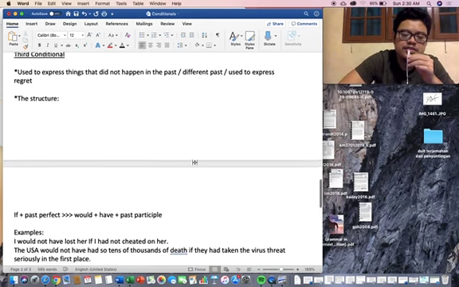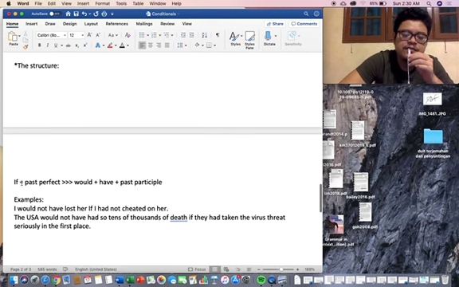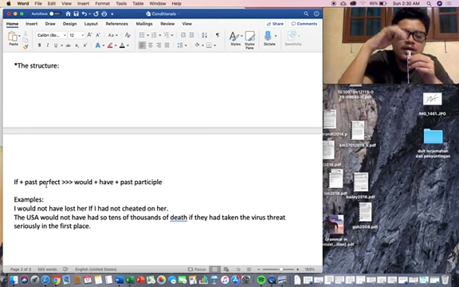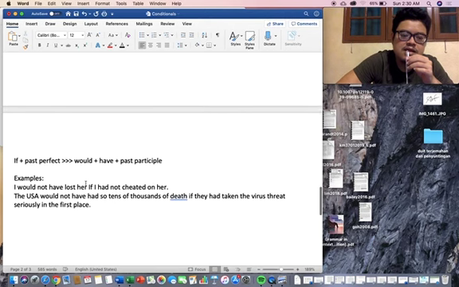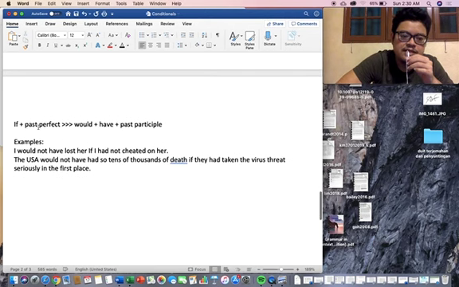So the structure here: if plus past perfect, would have plus past participle, right? If plus past perfect, would have plus past participle. So here I flip the arrangement. I put the consequence first.